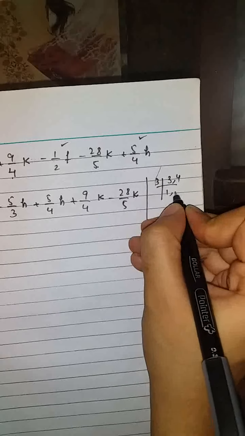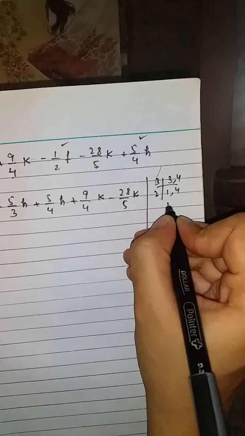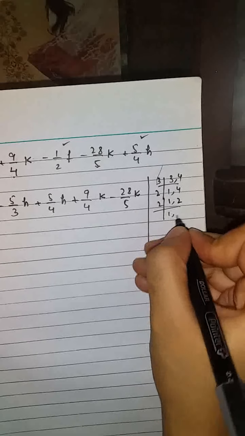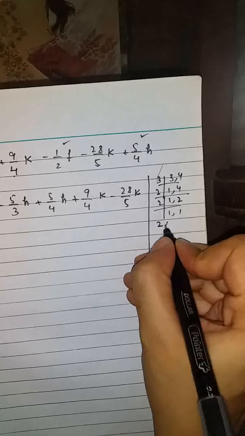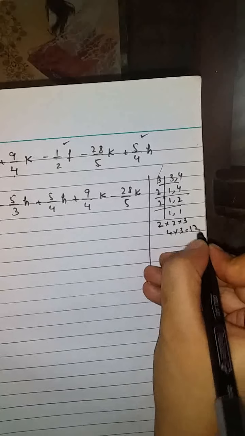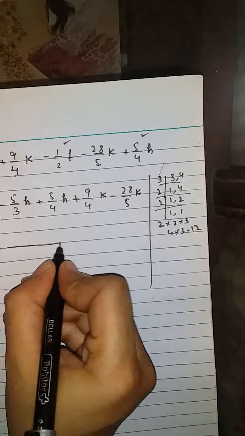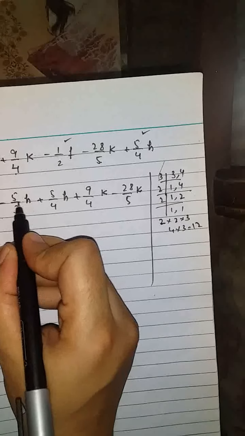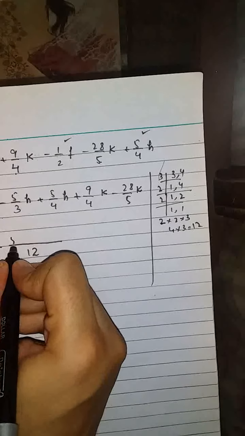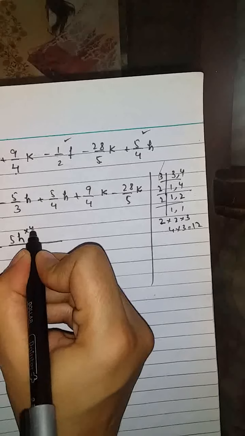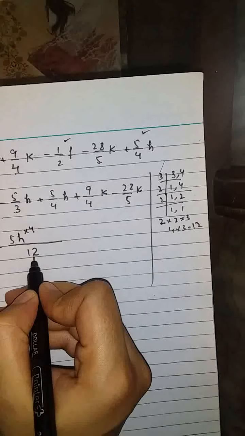3 1s are 3, 4 1s are 4 and 2 2s are 4. 2 multiplied by 2 multiplied by 3, 4 multiplied by 3, then we get 12. The LCM of 3 and 4 is 12. The numerator of 5 by 3h is 5h. Okay, 3 4s are 12.